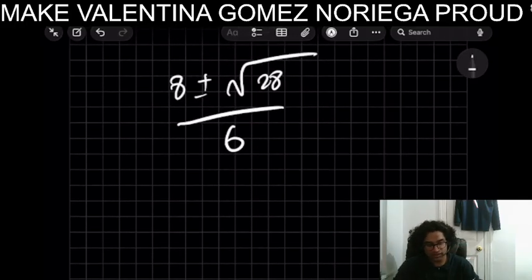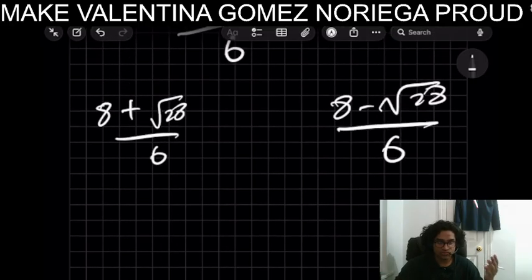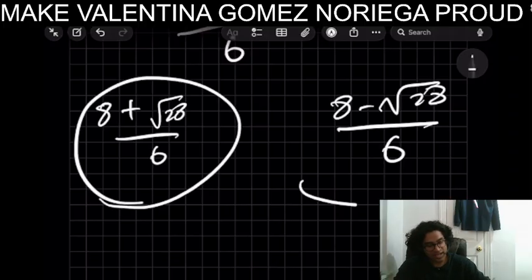So your concavity will change at (8 plus square root 28) over 6 and (8 minus square root 28) over 6. So your concavity changes, so there will be inflection points. That's where the inflection points exist, here and here.